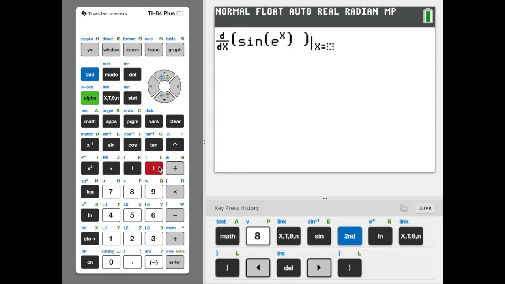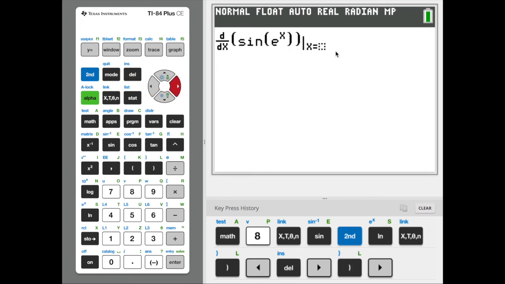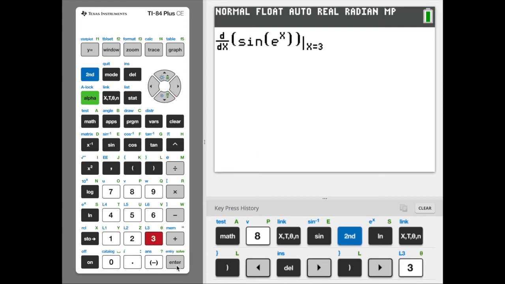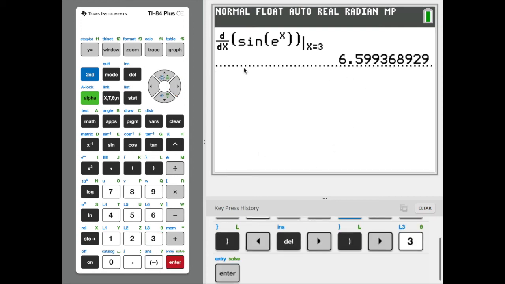So that's all the way closed. Then, if we want the calculator to estimate the derivative at a particular point, we can put in what x value we want. Let's say we want the derivative at x equals 3. Your calculator will do this numerical derivative, and we can see that it's about 6.599.